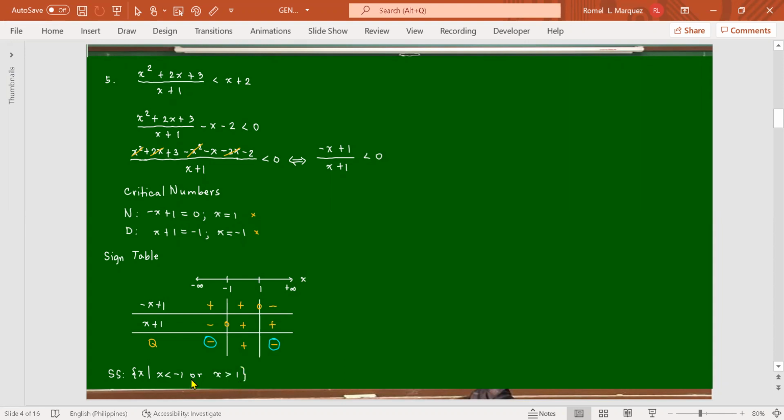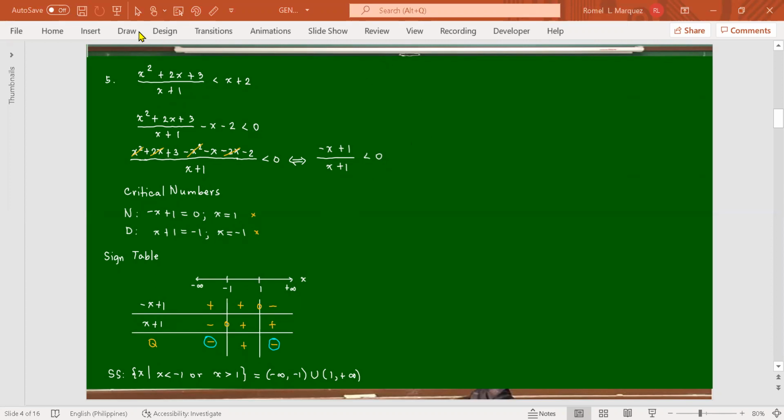And we don't include both negative 1 and 1, no? In interval notation, negative infinity to negative 1, but of course parentheses, union with parenthesis 1 to positive infinity. Okay?